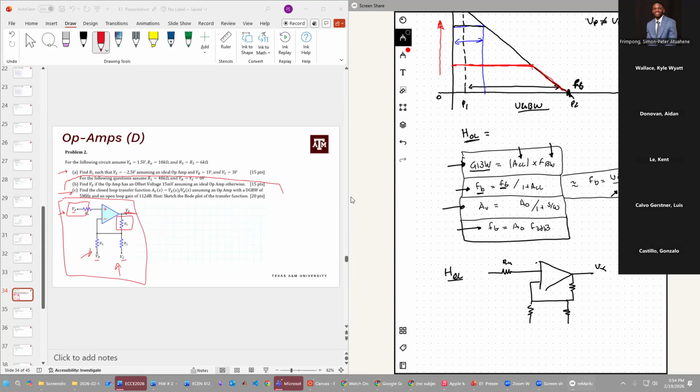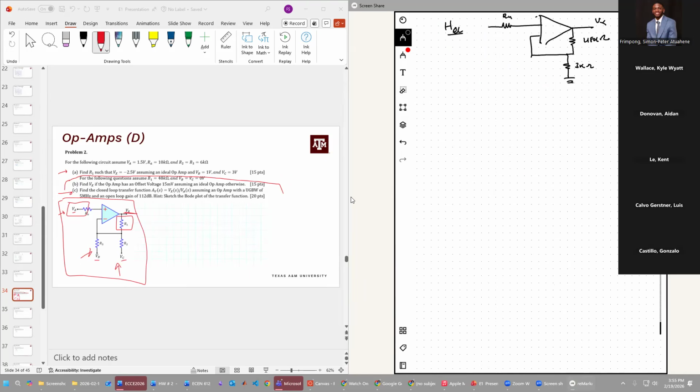And I'm gonna label everything. R3, R2, R1. And we assume this is ground. Great. And we already learned from earlier that these resistors are 6K. So I'm just going to combine this to be one resistor and call it 3K. And this is 48 kilo ohms.